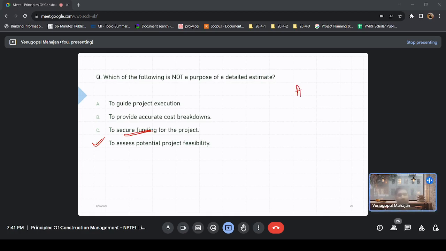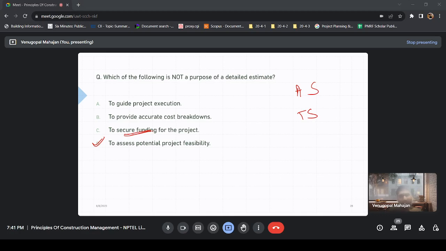I am writing two acronyms here. AS and TS. Anybody would like to elaborate on this? Andhra State, Telangana State. Okay, yeah, that is one way to look at it. But let's bring it to the estimates part. Administrative sanction, technical sanction.